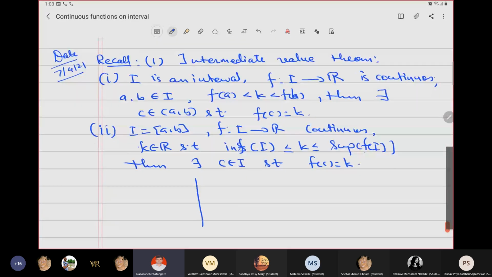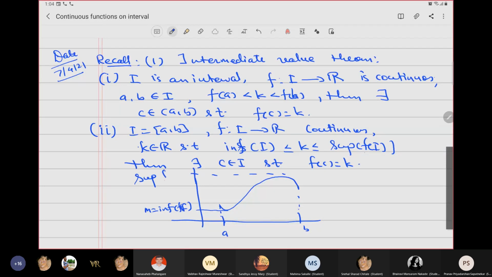That means what this intermediate value theorem suggests: if your function is continuous on an interval and you look at the infimum of the range and the supremum of the range, which are actually the maximum and minimum elements in this case, and if you take any k between, then there exists at least one c at which the value f(c) is equal to k.